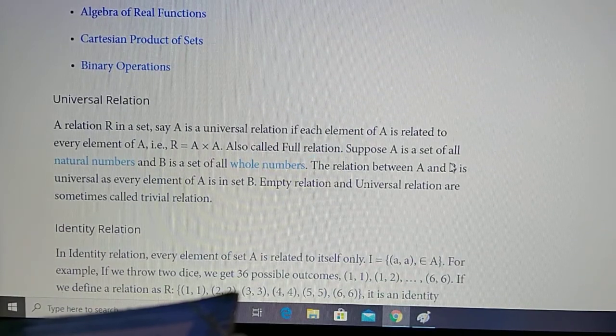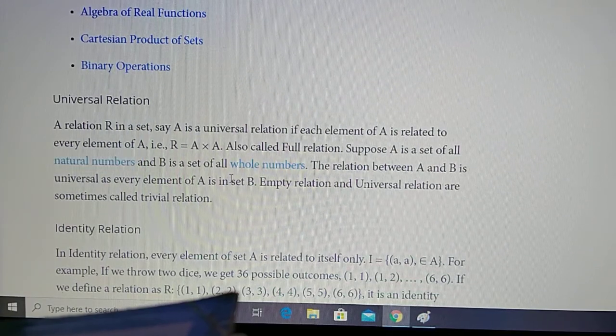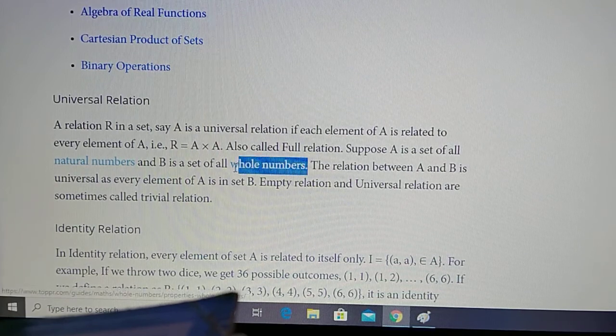Suppose A is a set of all natural numbers. Okay, A is a set of all natural numbers. Natural numbers means 1, 2, 3, 4, 5, 6. And B is a set of all whole numbers. What are the whole numbers? 0, 1, 2, 3, 4.